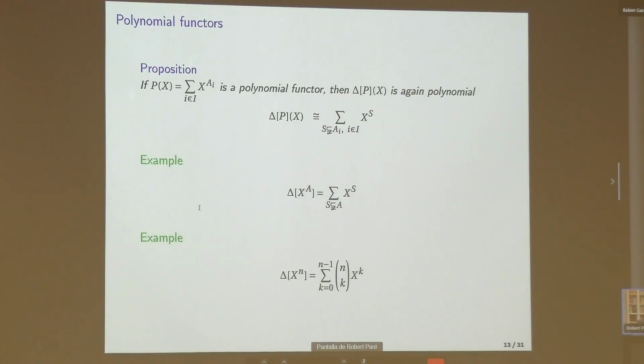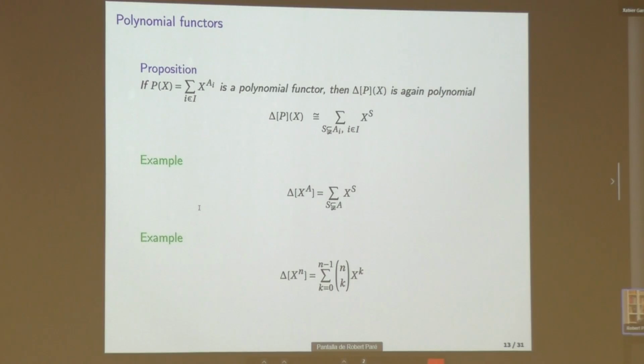It's the sum of the x to the s's taken over all the proper subsets s of all of the a_i's. So for example, just the representable functor, or power x to the a, is the coproduct of representables x to the s for proper subsets s of a.